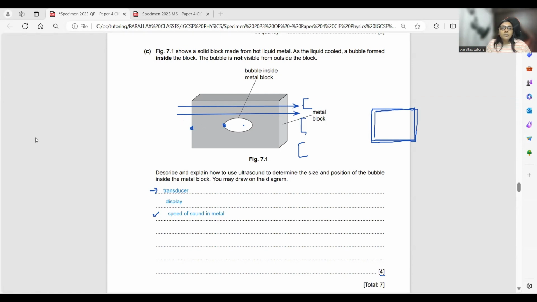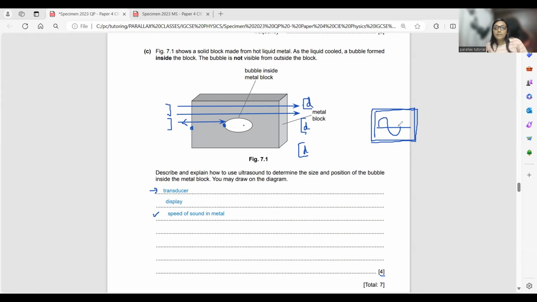In the second case, what can happen is when it reaches the air bubble, either the sound will get stopped, which will not pass through, so the detector will not detect any wave, right? Or it will go back to the emitter, okay? So it will go back. Then you know the speed of sound in metal, you know the time because you are connected to a screen, right?